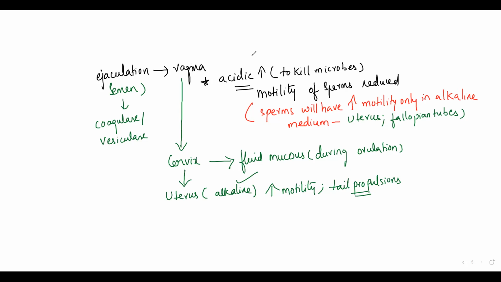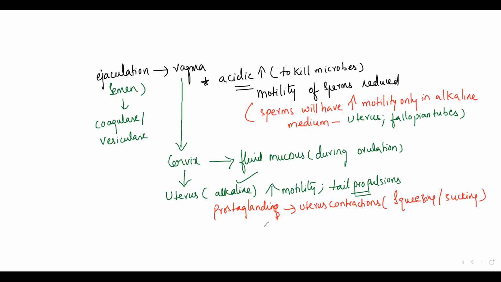Another important thing to be remembered in the uterus is the prostaglandins. As I told you, prostaglandins are going to enable the uterus contractions, right? These uterus contractions are going to be like squeezing up, and it's going to be like a sucking up action of the sperms. So it squeezes and sucks up.